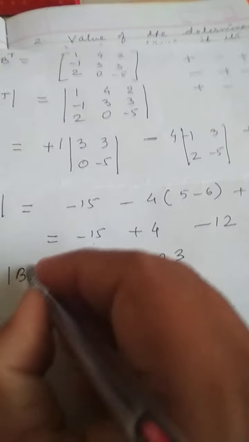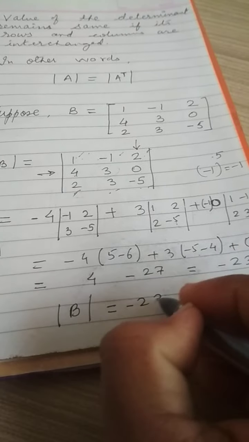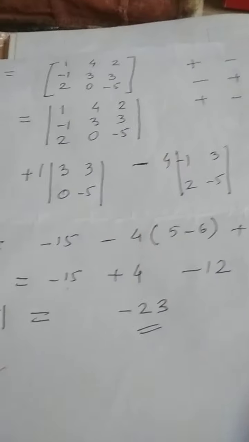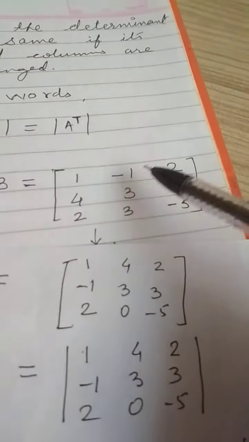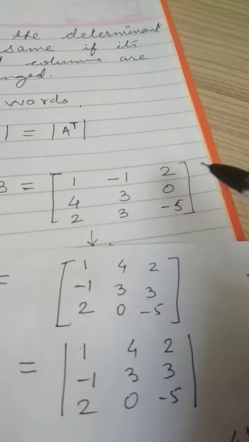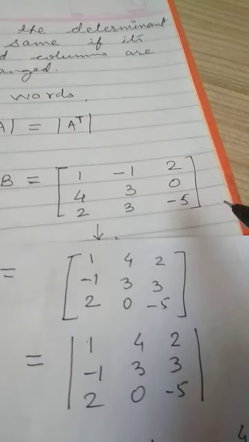We were getting the determinant of B as -23, and we have got the determinant of the same matrix after transposing, after interchanging its rows and columns. You can see we have interchanged the rows and columns: the first row became the first column, the second row became the second column, and the third row became the third column.